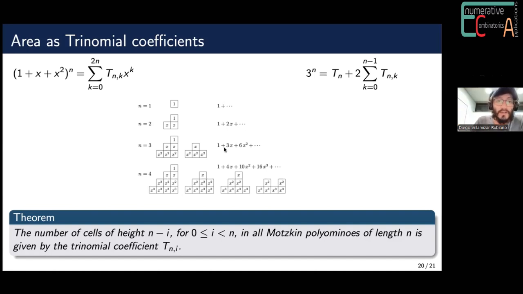So this picture means that what you do is you put as a label the monomial that has x as the variable, and the exponent is the total height of the polyomino minus the height of the square where you're placing the monomial. So for example, this one has total height 4. And this is at height 1, so you put x to the power of 3.